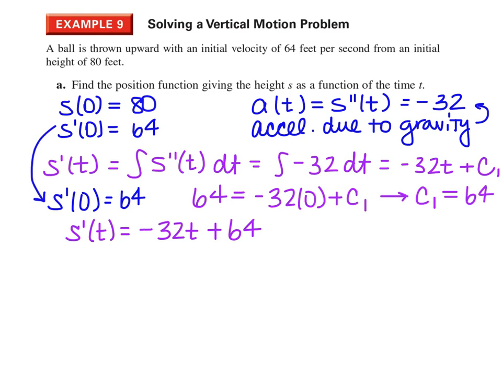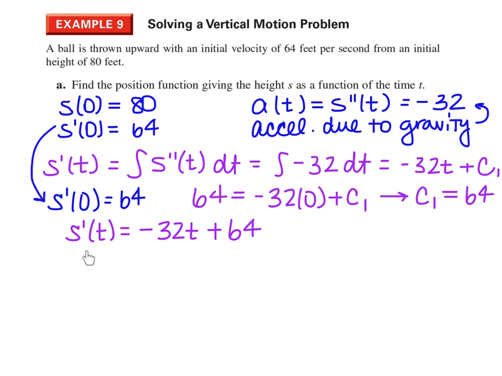I can use this to figure out the actual constant c1. So I set 64 equal to -32 times 0, because that's for t, plus c1. That means our first constant is equal to 64. So my first derivative, s prime of t, is equal to negative 32t plus 64.